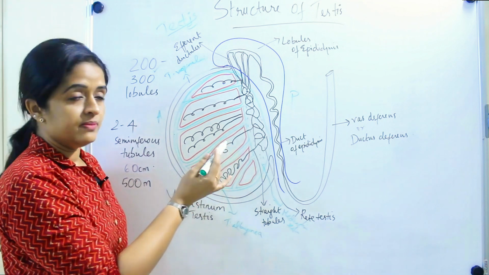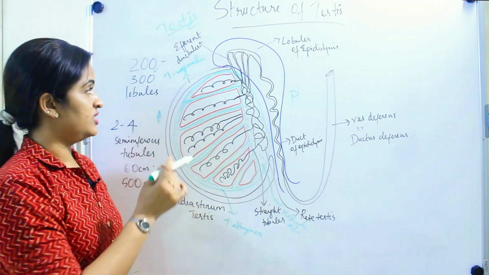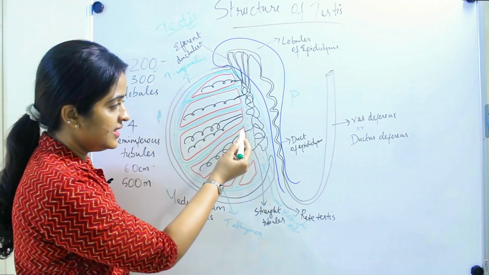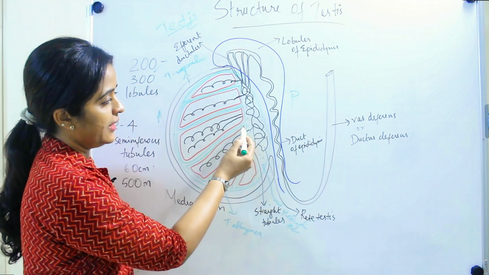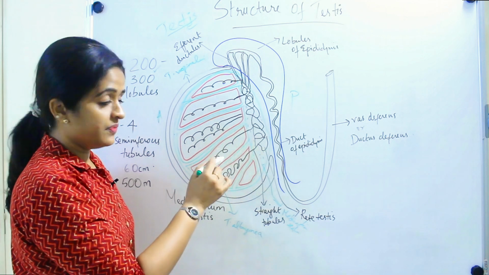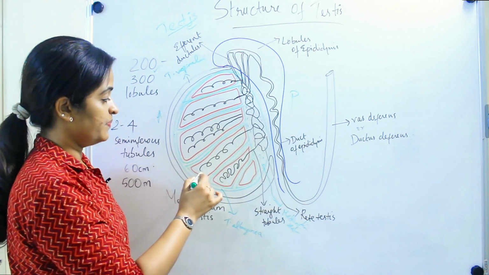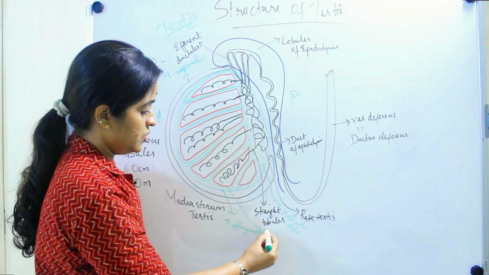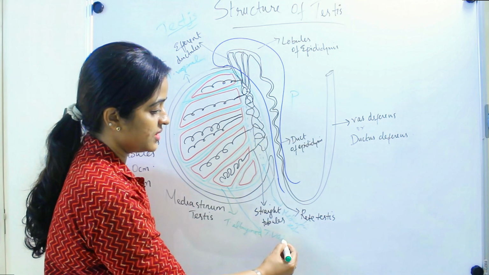Now we have many lobules inside the testicular tissue, roughly 200 to 300 lobules, and in each lobule you can see that I have drawn something with a red colored pen. This red colored thing is known as tunica vasculosa.